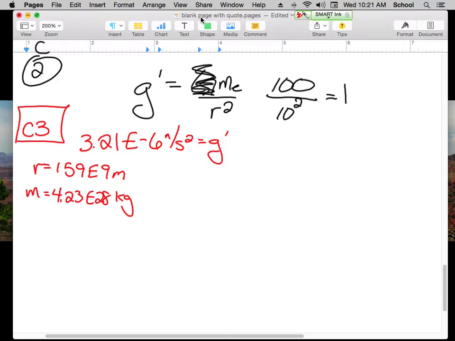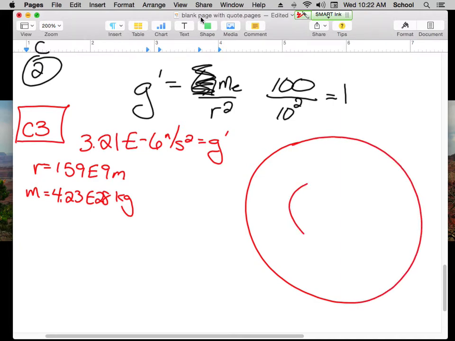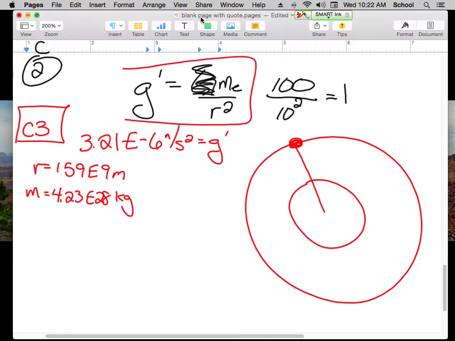If you just look at the numbers, this gets confusing because you're saying, how high above the surface? You already have a radius. What's going on here? If you draw a picture, a lot of times these things become a lot easier. He's trying to establish an orbit up here somewhere. What we're calculating when we plug into this formula is this whole thing, which is our r. That was a beautiful bracket I drew there.